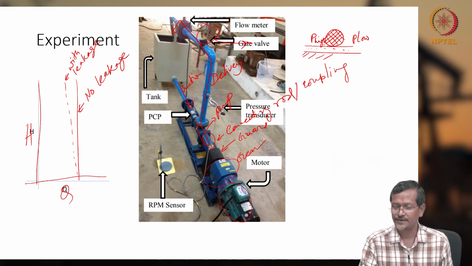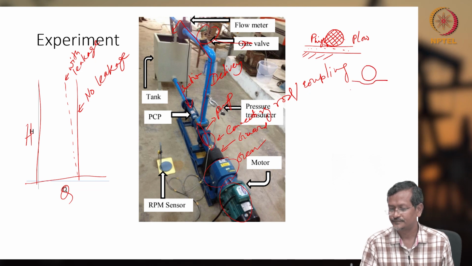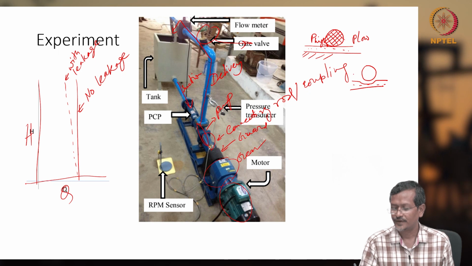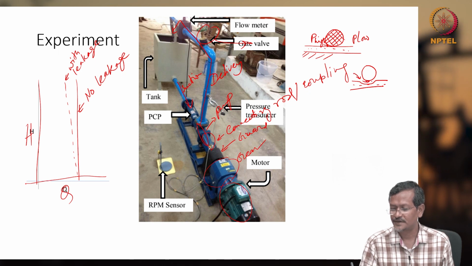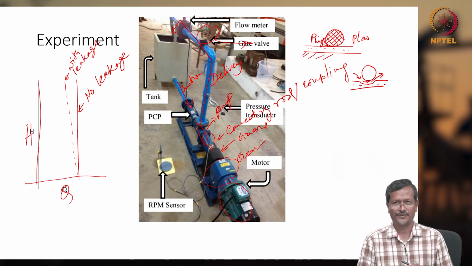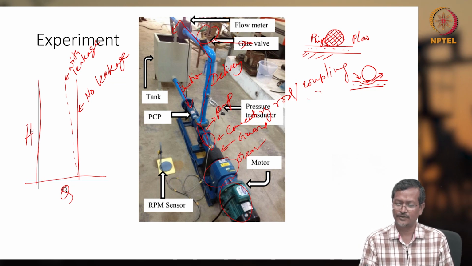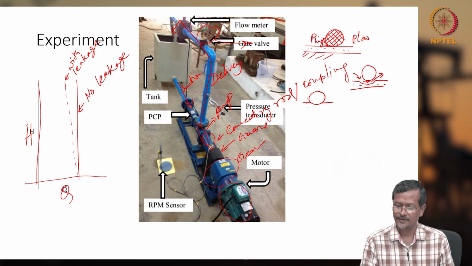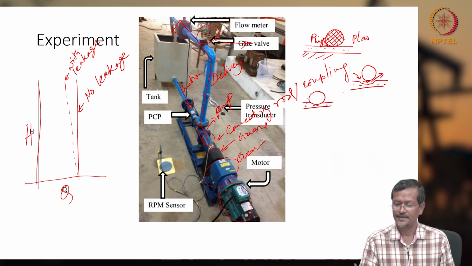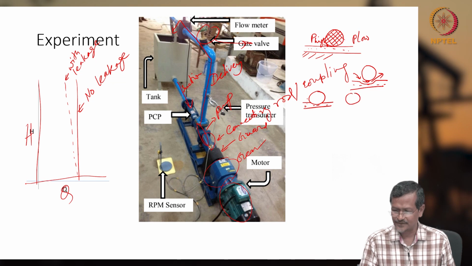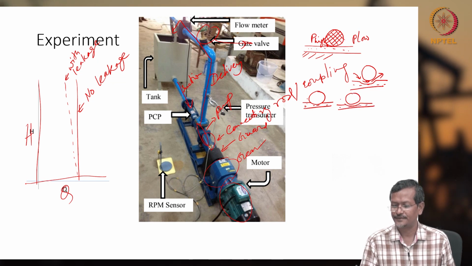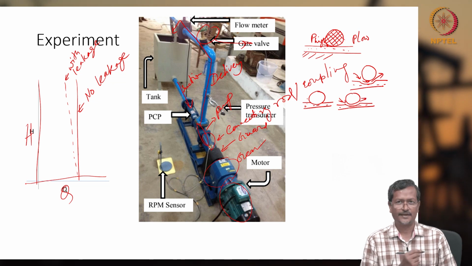The high pressure will try to depress the elastomer a little bit and it will be leaking out. If you have an interference fit, where initially your elastomer is like this, and you apply very high pressure, the same thing will happen: a little bit of gap will be created. Then leakage will be there.